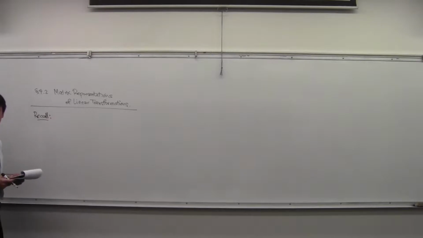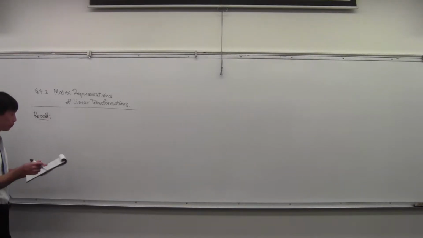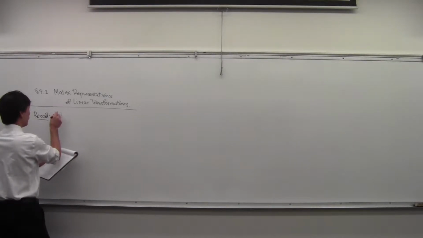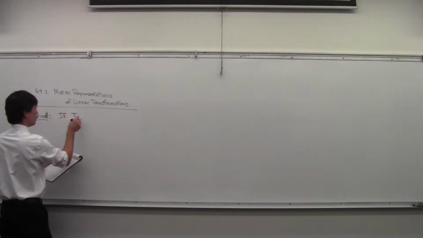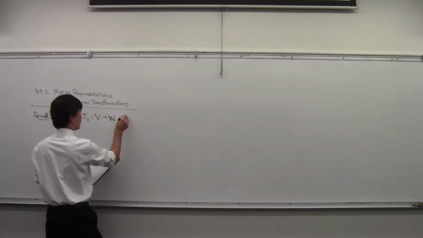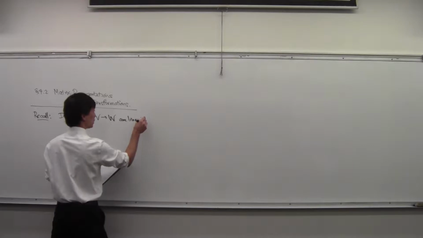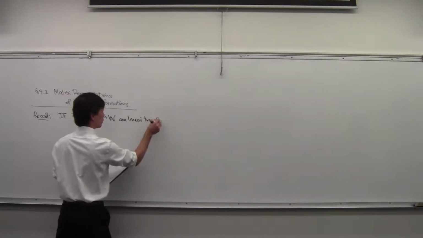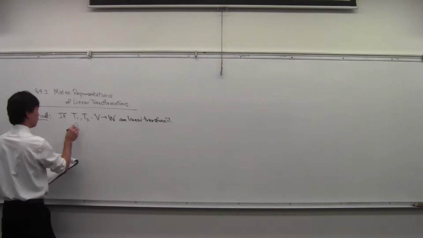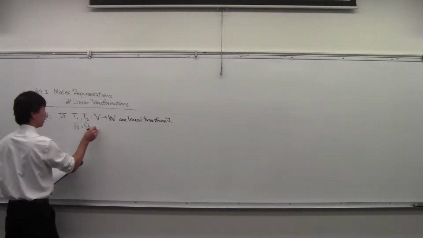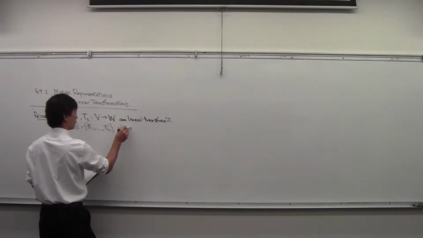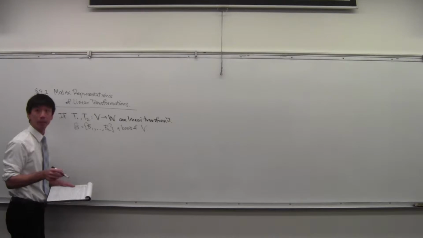This is something we did in class last time: if you have two linear transformations, and you have some basis b1 through bn, the basis of b.